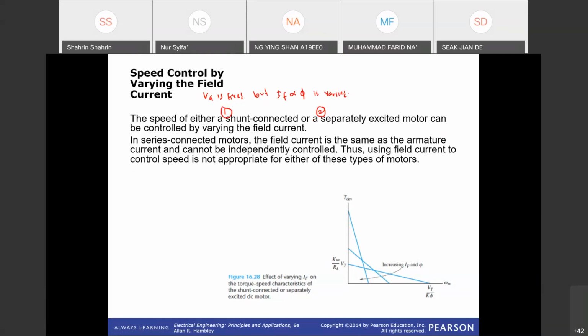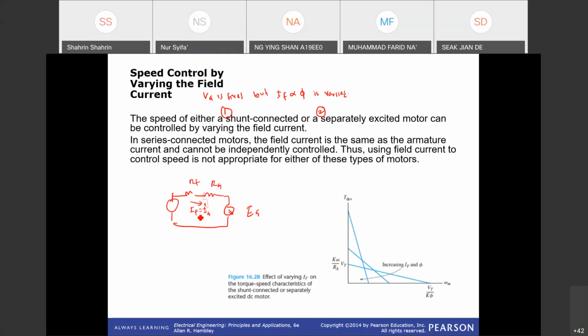Okay, in series connected, you have RF, RA, and back EMF. So this one cannot be used because IF is equal to IA.